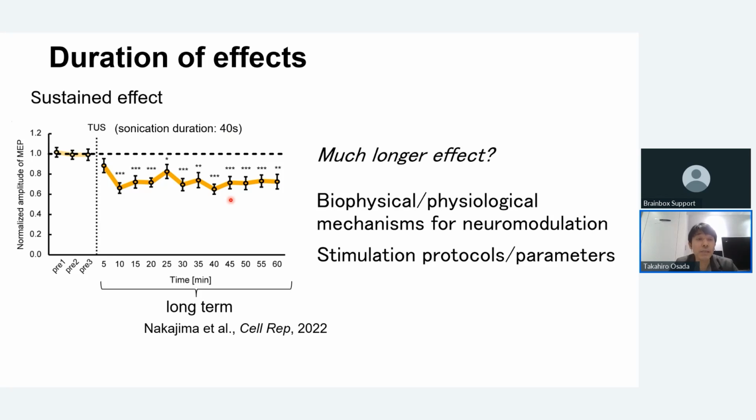For clinical applications, achieving a much longer effect duration with TUS is desirable. This requires a deeper understanding of the biophysical and physiological mechanisms underlying neuromodulation, as well as optimization of stimulation protocols and parameters.